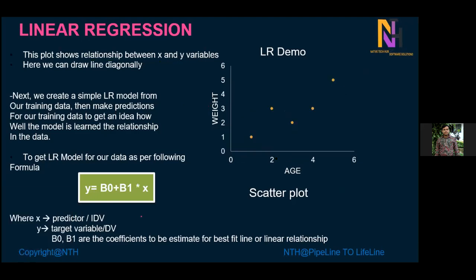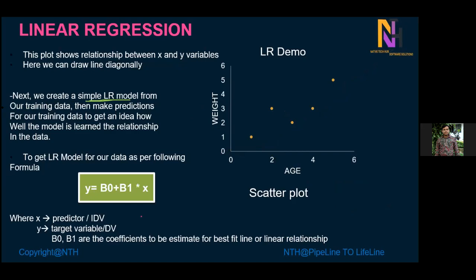So what is our aim? Our aim is that if we create a simple linear model, because a simple linear regression model is a supervised machine learning technique which is going to train with your training data set, and if you give an unknown input, it is able to predict a new value of weight according to your input data.